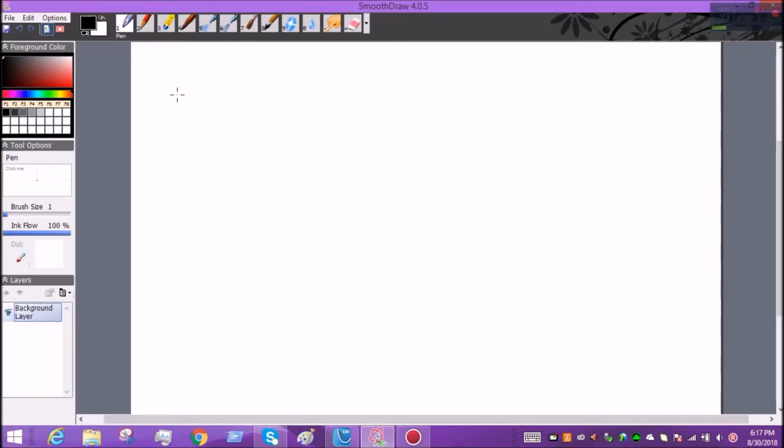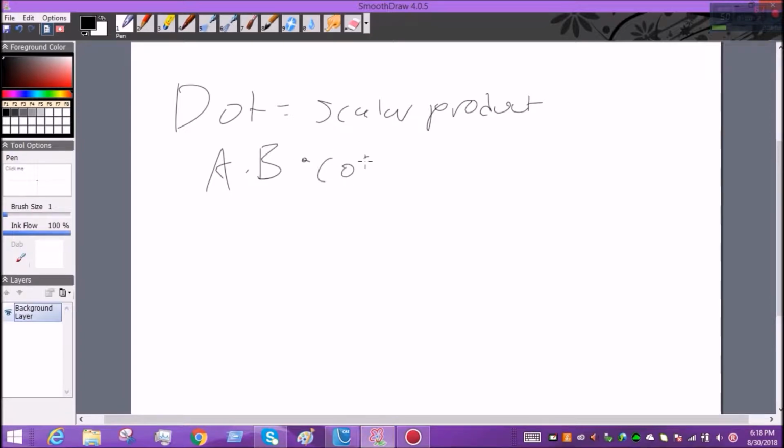So the dot product equals the scalar product, and that is equivalent to, if you have a vector A and a vector B, A times B times cosine of theta. And then you have your cross product, which is your vector product.